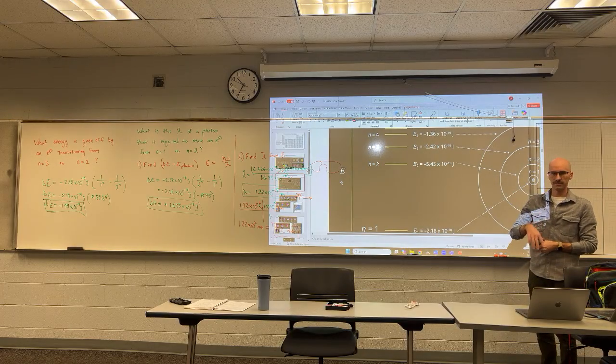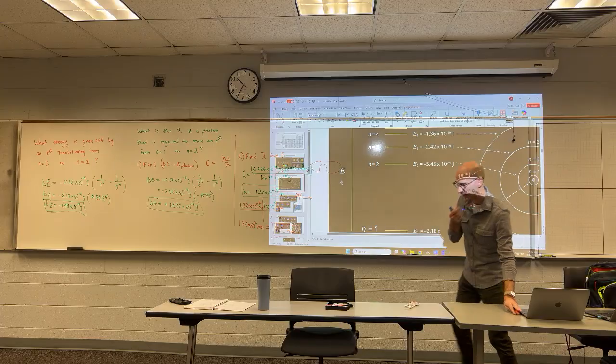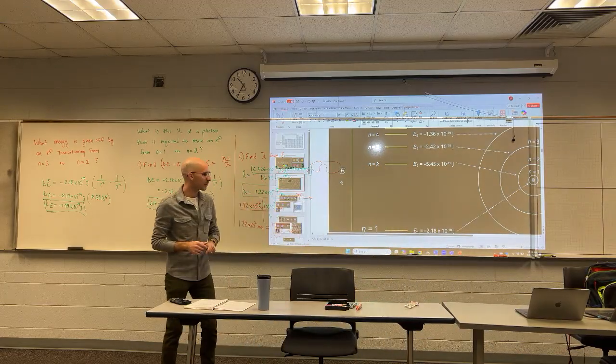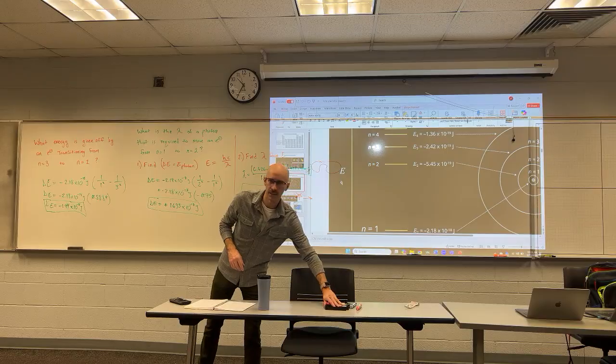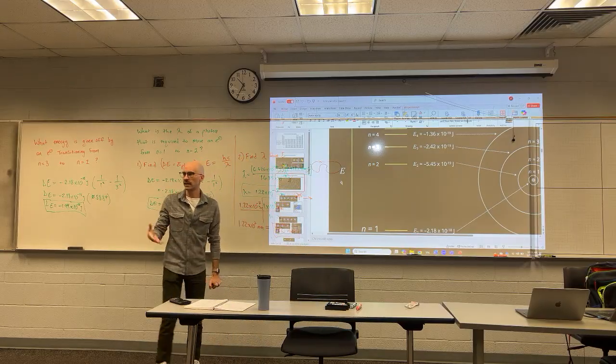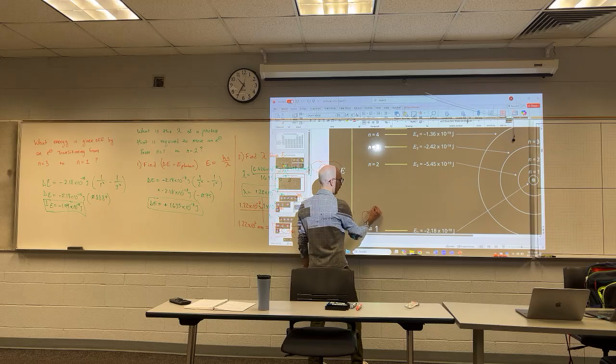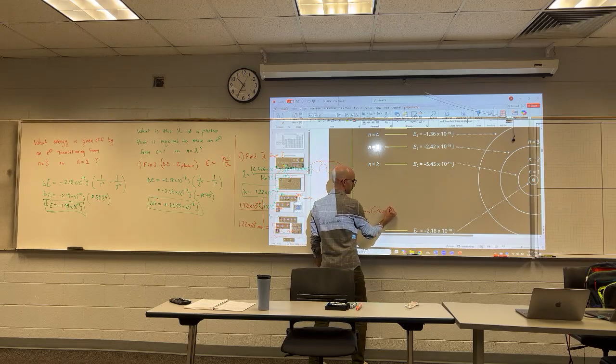Let's say, well, actually, I should have given this already. We have some different terms to describe where the electron is. When an electron is at its lowest energy level, we call that the ground state.